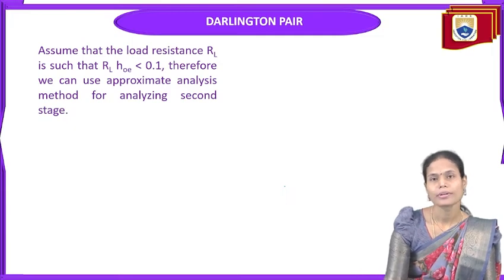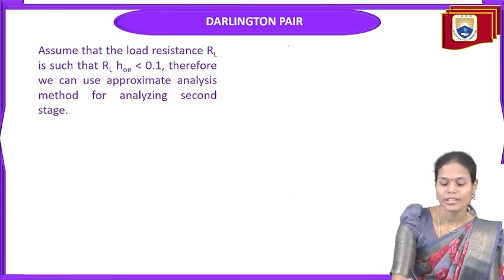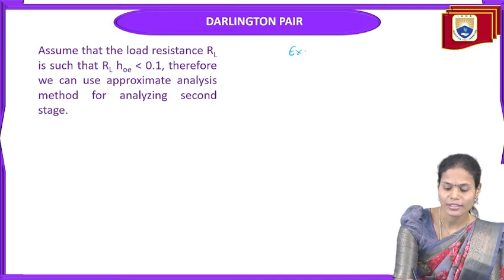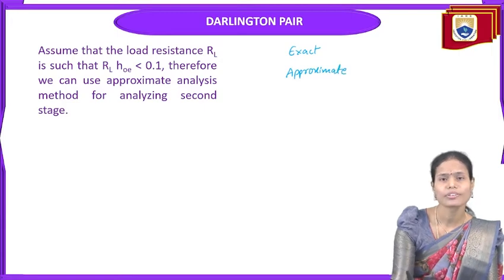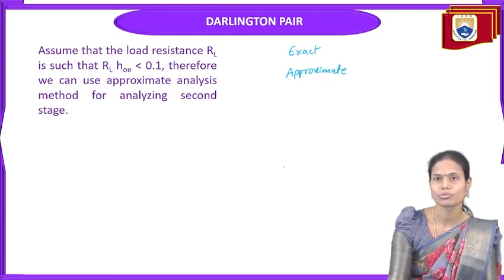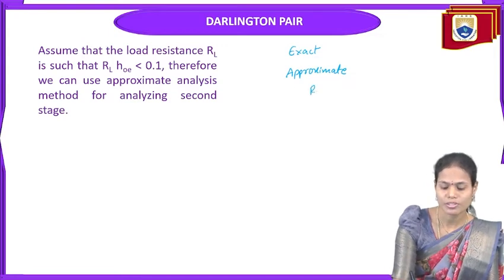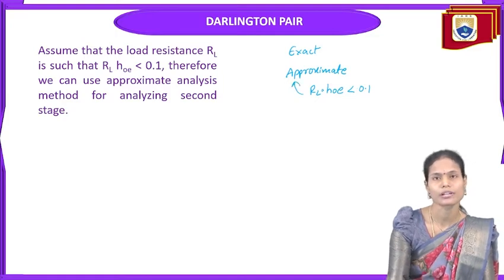In this hybrid equivalent model, we are having the exact analysis as well as approximate analysis. So when do we need to go for the exact analysis and when for the approximate analysis? If the multiplication of the load resistance value and the output admittance of the amplifier value is less than 1, we have to go with the approximate analysis.